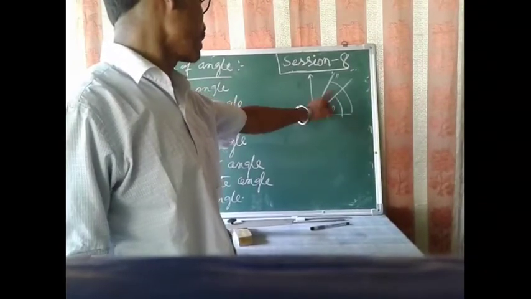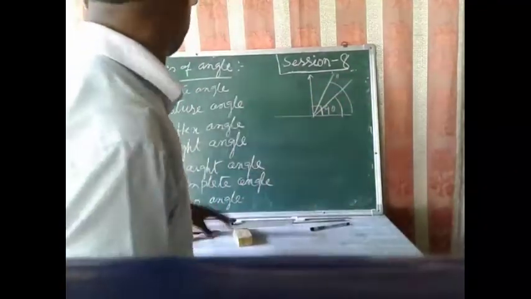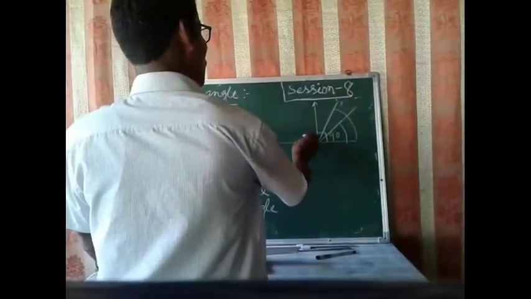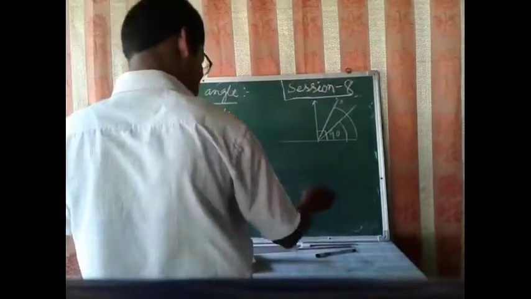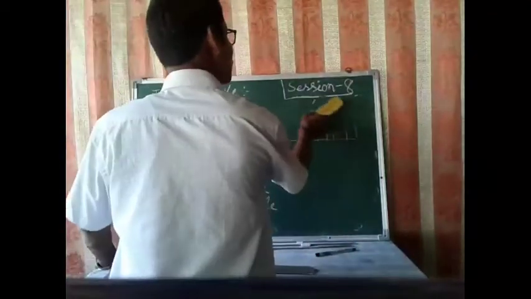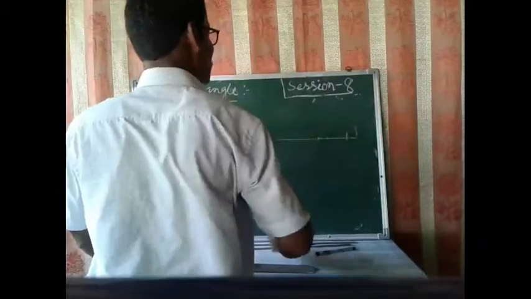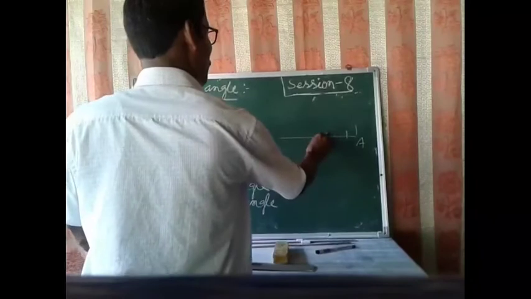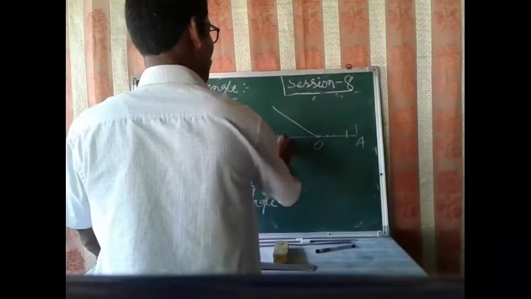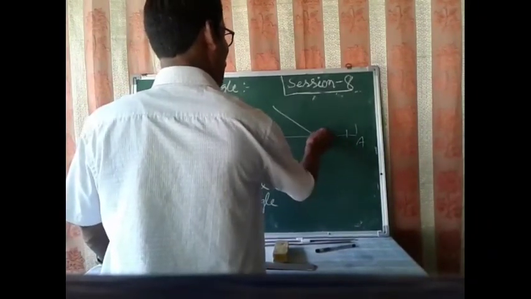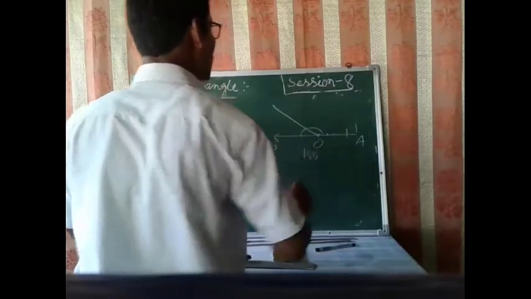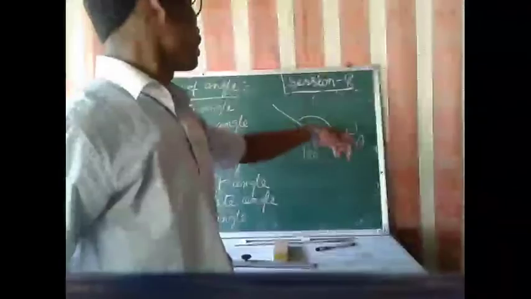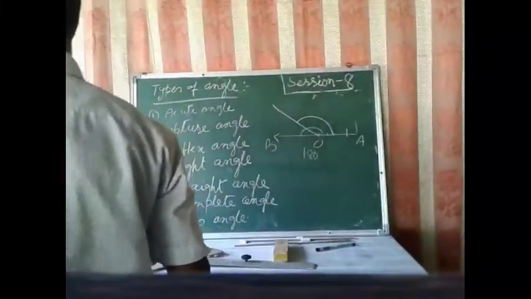It is greater than 0 degrees and less than 90 degrees, it is an acute angle. What is an obtuse angle? One that is between 180 and 90 degrees. Suppose this angle, from angle AOB, it is 180 degrees. So, from here to there, this is an obtuse angle.